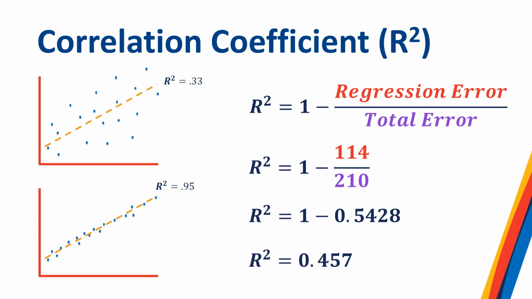But if the data were much less spread out and much closer fitting to that line, you can see that the r square is 95%, and that most of the variation is very small and very close to that line. And so it tells you just how good of a model you have when you have a single variable predicting an outcome variable. So this is an important thing to be aware of.